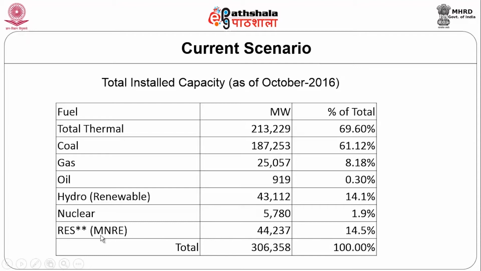We have a separate ministry, the Ministry of New and Renewable Energy, to promote renewable energy in the country, and no other country has a separate cabinet ministry for this. Out of 100 percent, 14.5 percent is from renewables, about 44,000 plus megawatt. Overall, currently we have about 3 lakh megawatt of installed electric capacity in the country.